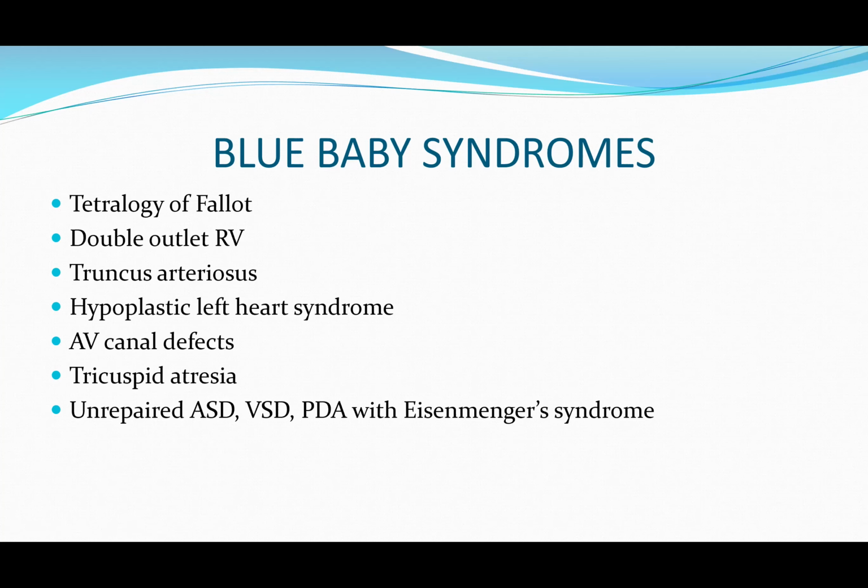But the best shunt that has sort of withstood the test of time is called the BT shunt. And that is a connection between the subclavian and the pulmonary artery. We can do one side or both sides. It could be a left or right BT shunt.